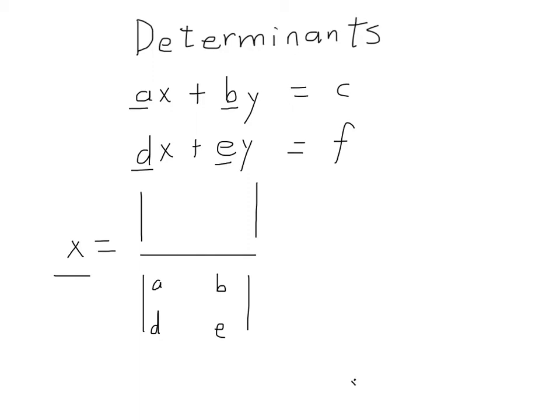Because we want to solve for x, we need to form the determinant in the numerator using the constants that the equations equal, c and f, and using those in place of the coefficients a and d that multiply x. So we're going to replace the a with a c, and we're going to replace the d with an f.